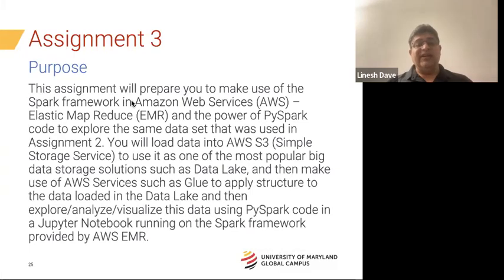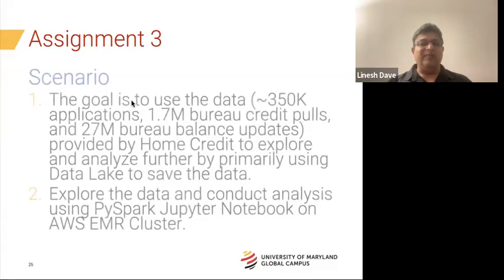So you load the data in AWS S3, and then you would also use one of the most popular big data storage solutions, such as Data Lake, which is S3, and then make use of AWS services such as Glue to apply structure to the data loaded in a data lake, and then explore and visualize this data using the PySpark code in a Jupyter notebook, okay? Which will be running on the Spark platform.